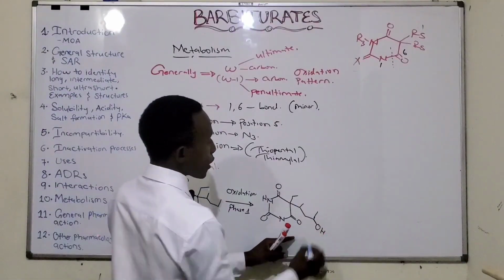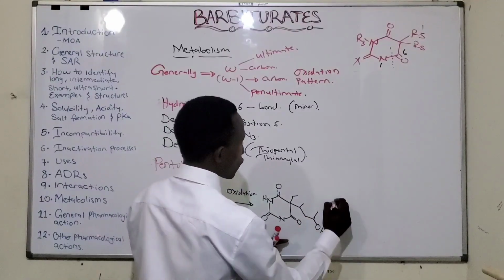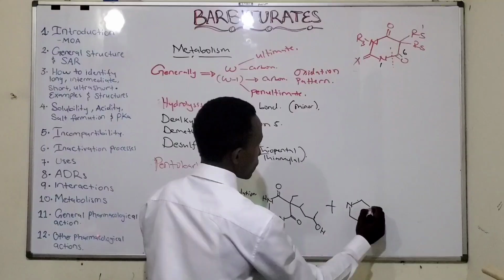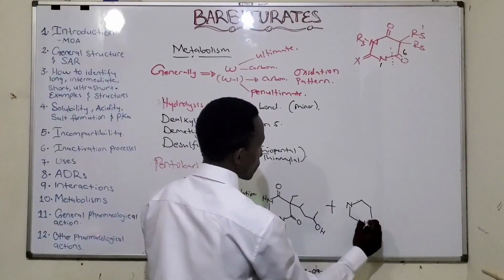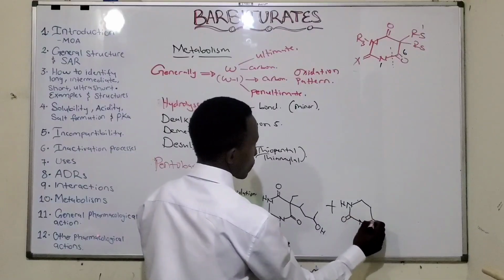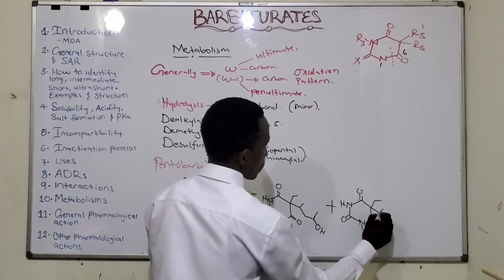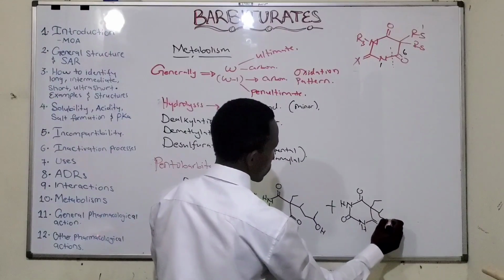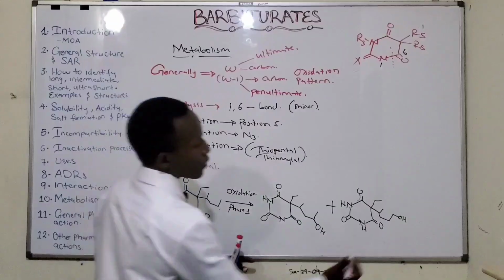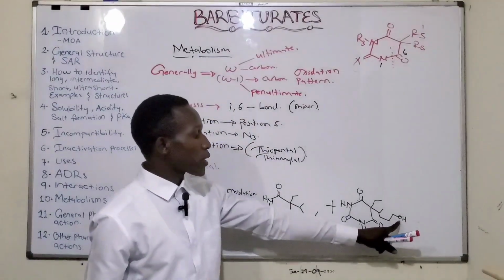Or we can have hydroxylation at the terminal carbon atom. So we can form these two. Here, the OH is at the terminal carbon atom.